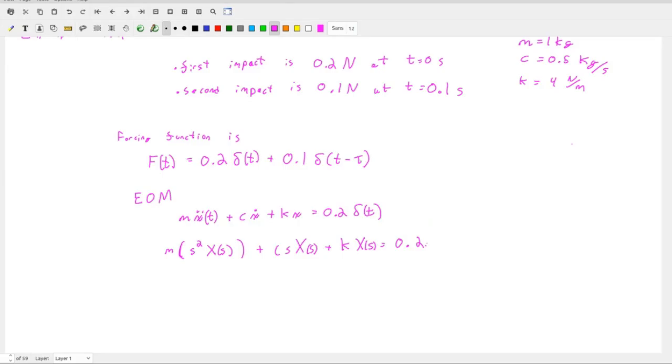So if I pull out X of s and divide through by our terms, we end up with X of s equal to 0.2 over m times 1 over s squared plus 2 zeta omega n s plus omega n squared.